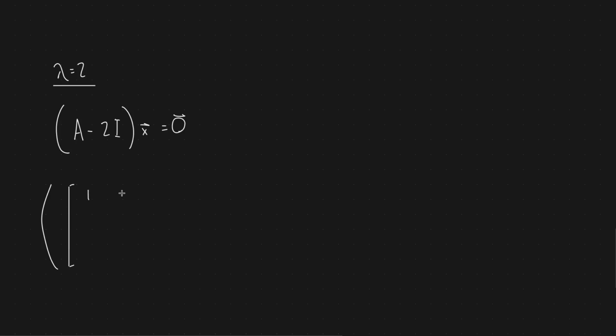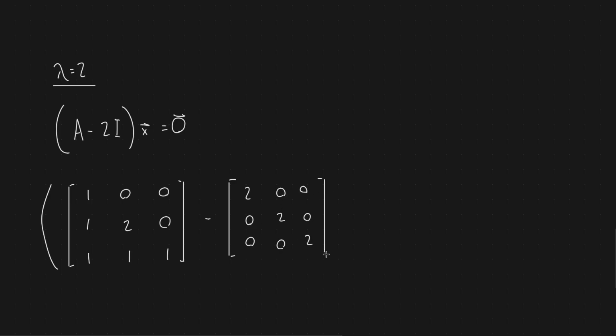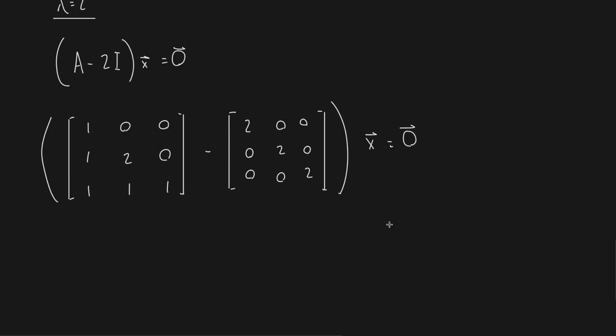Matrix A was 1, 0, 0, 1, 2, 0, 1, 1, 1, and I'm going to subtract the matrix with 2 down the main diagonal, zeros everywhere else. I'm going to get the matrix negative 1, 0, 0, 1, 0, 0, 1, 1, negative 1.